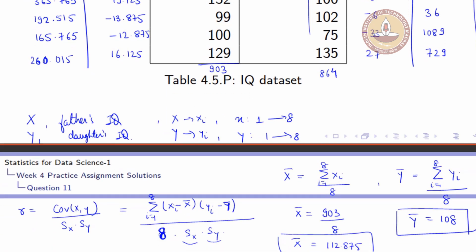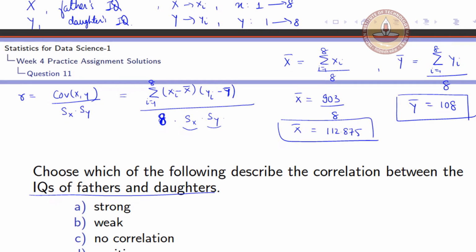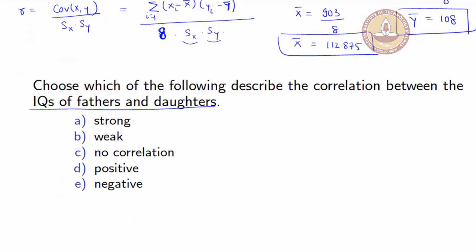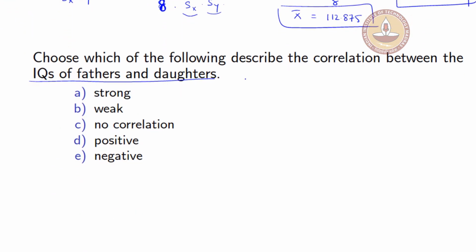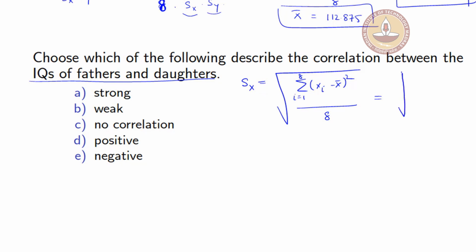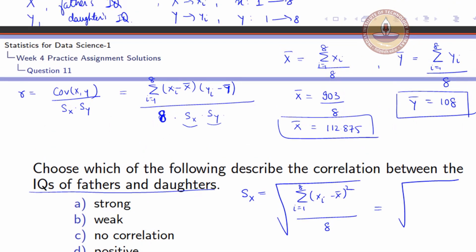Now in order to find the standard deviation, let's write the formula for standard deviation. So S of x is going to be the square root of the sum over xi minus x bar whole square, where i is varying from 1 to 8, divided by 8. Now let's find the sum of the square deviation of x.